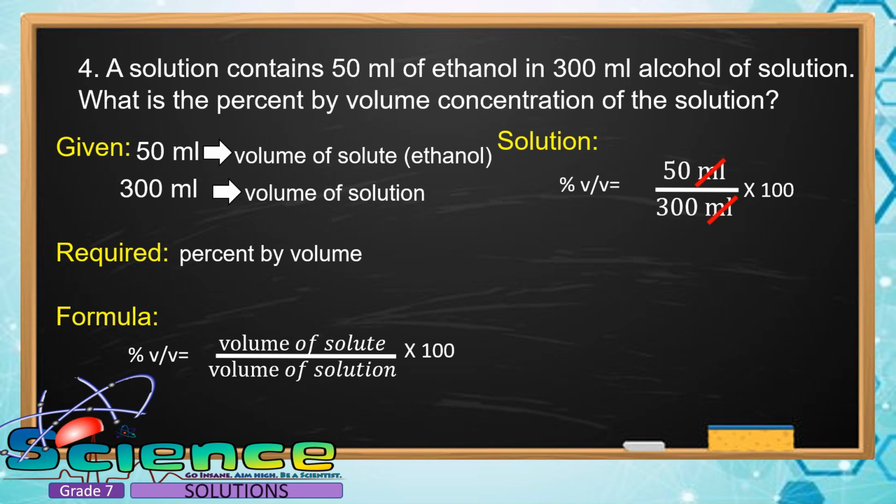We now cancel the unit. 50 divided by 300 is 0.1666 multiplied by 100. 0.1666 times 100 is equal to 16.66%. That is our final answer.